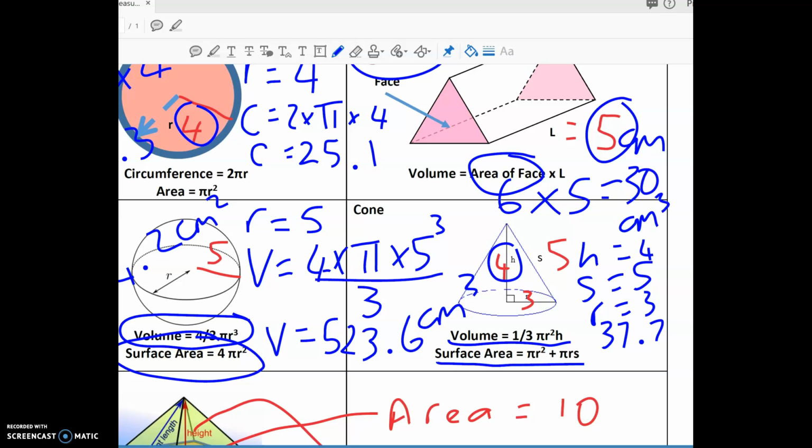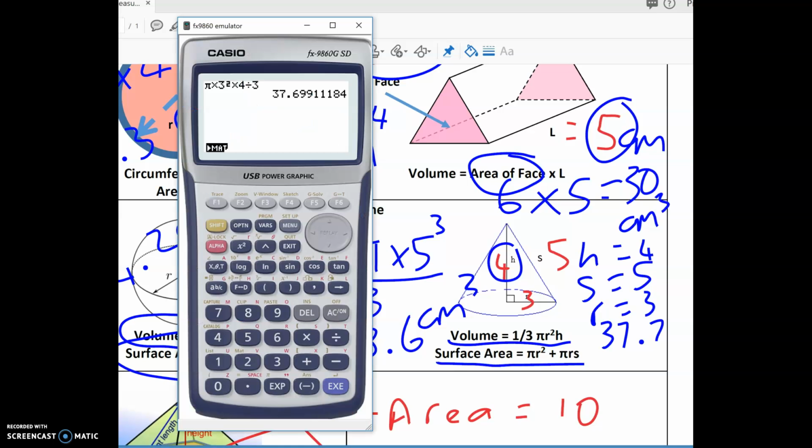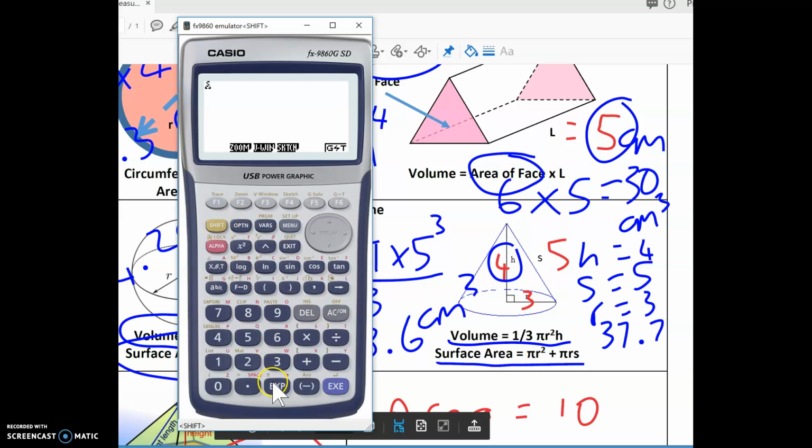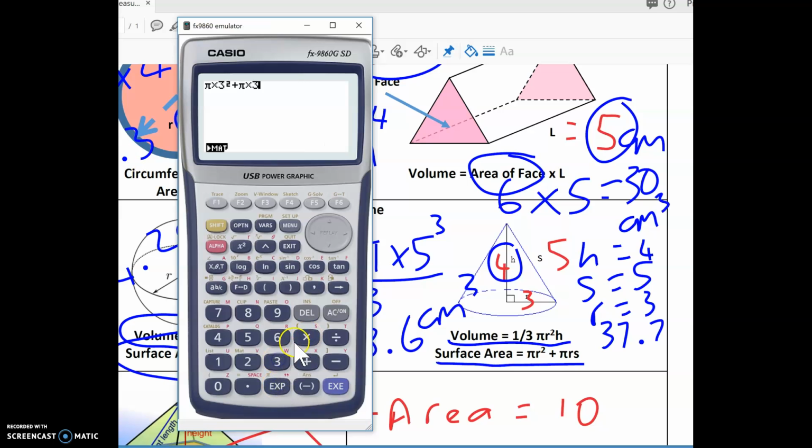Now, surface area. So the surface area, I'm going to go pi, just like the formula. So I'm getting that from here, the formula, times r squared, so that's 3 squared because the radius is 3, plus shift pi times 3 times the side length, the S, which is 5.